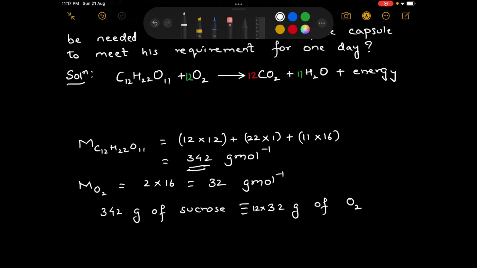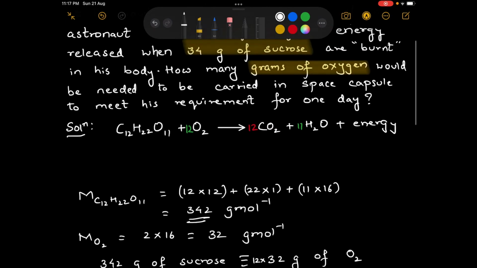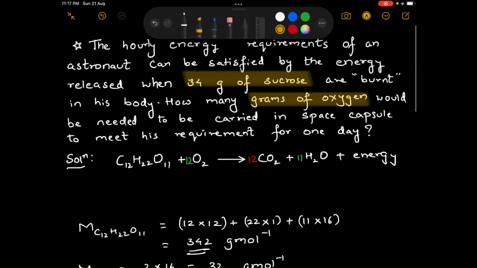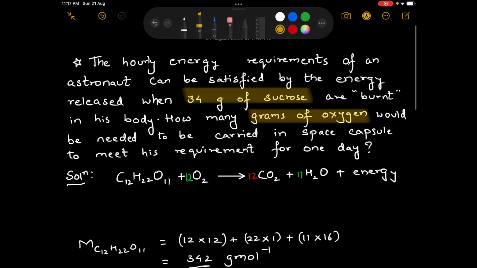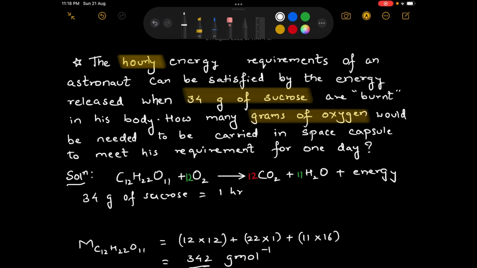Now we will once again come back to the question and observe that 34 grams of sucrose is for the hourly energy requirement. That means I can write here 34 grams of sucrose is for 1 hour. But they are asking for oxygen, which is required for 1 day.